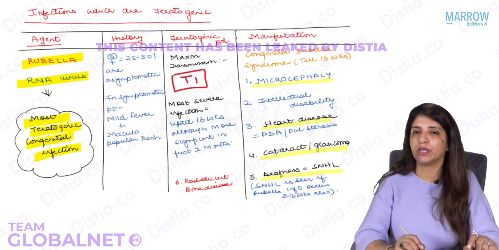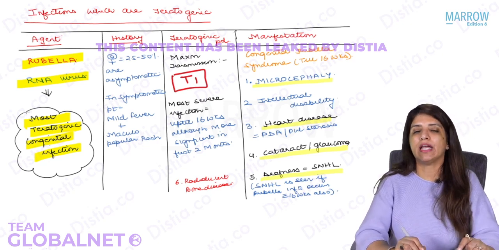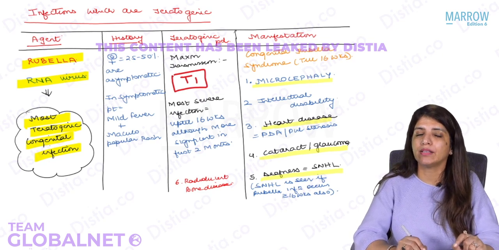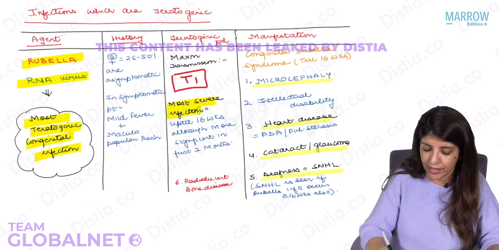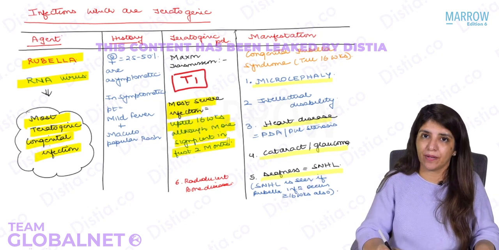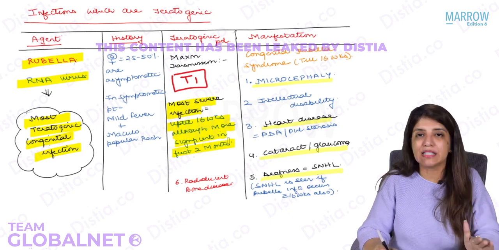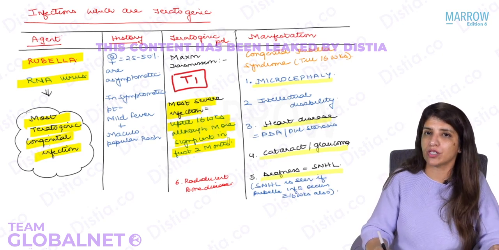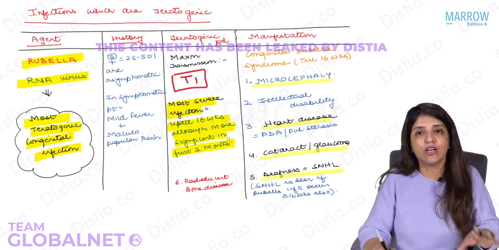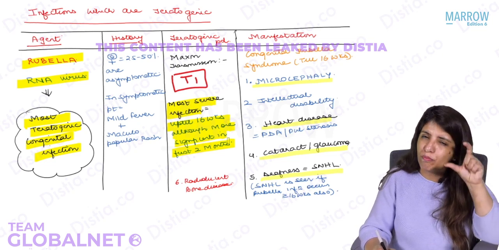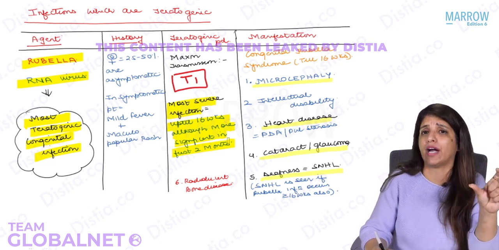And please remember, when a pregnant female is acquiring rubella, then up till 16 weeks of pregnancy, it is very teratogenic. So, maximum transmission also in first trimester. Most teratogenic also in first trimester. In first trimester also, first 2 months are maximum teratogenic.